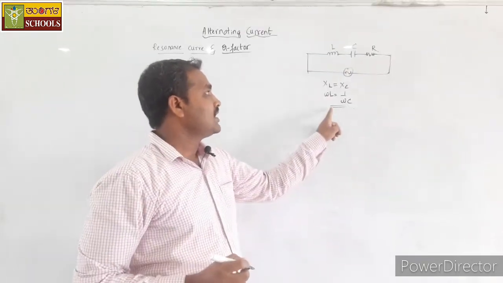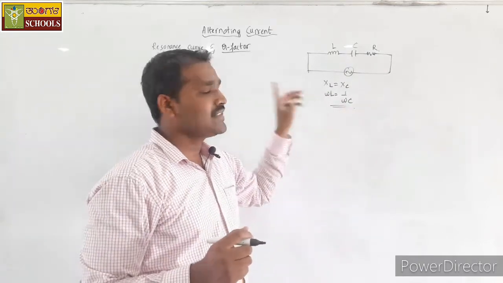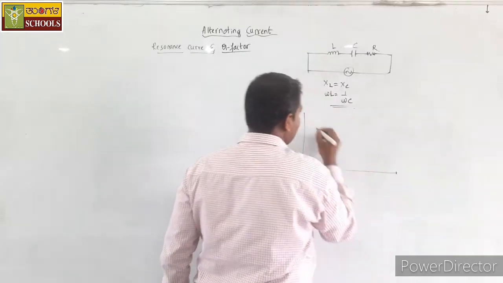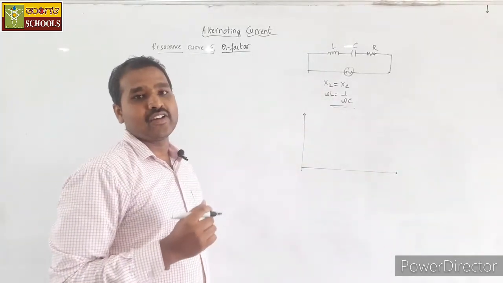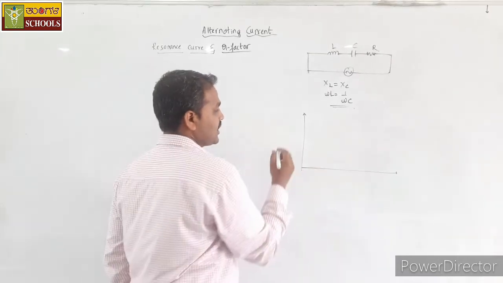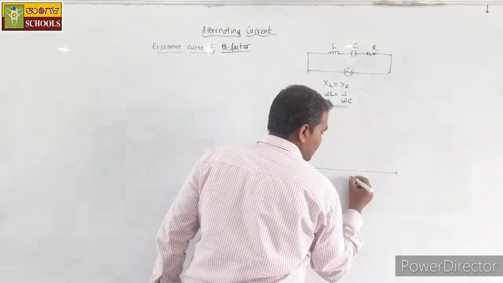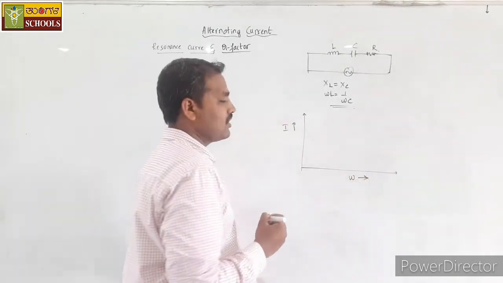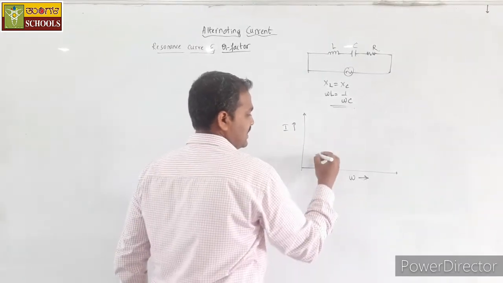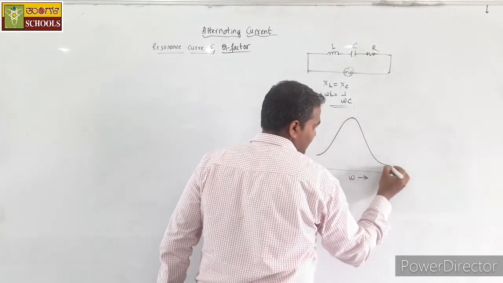So the current in the circuit depends on the frequency applied. The variation of the current with respect to the frequency of the AC source is given by the resonance curve. Here I will draw current along the y-axis and the frequency of the AC along the x-axis. The current varies with frequency like this, so we will have a curve something like this.